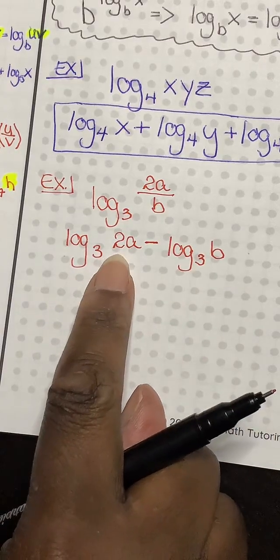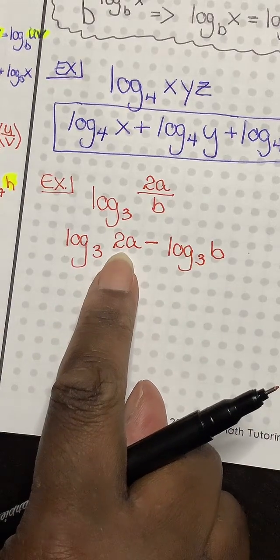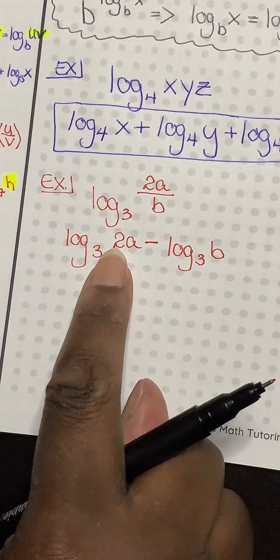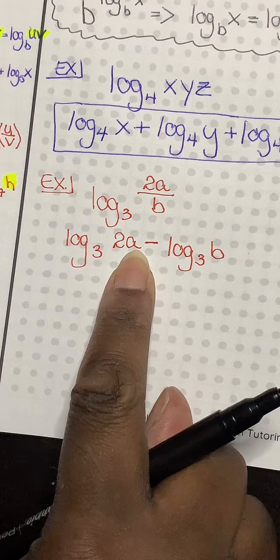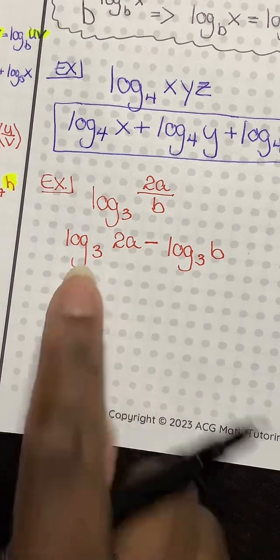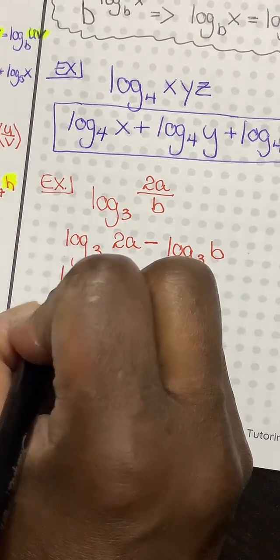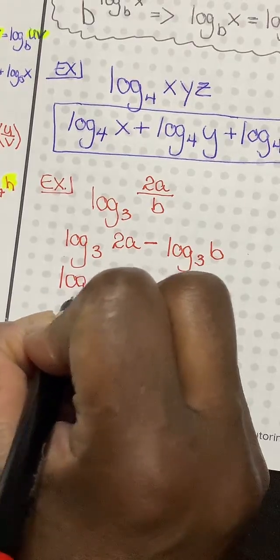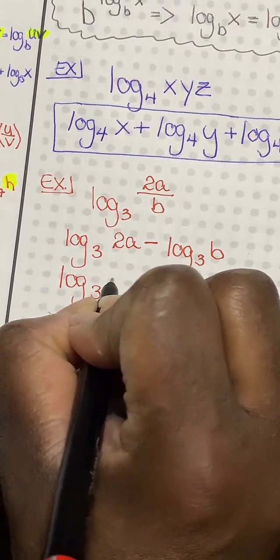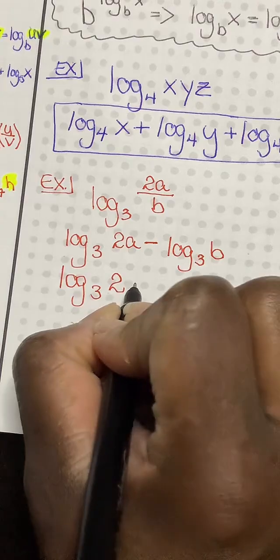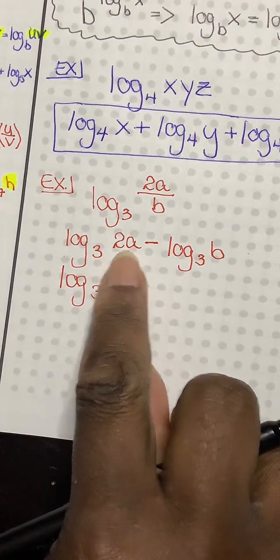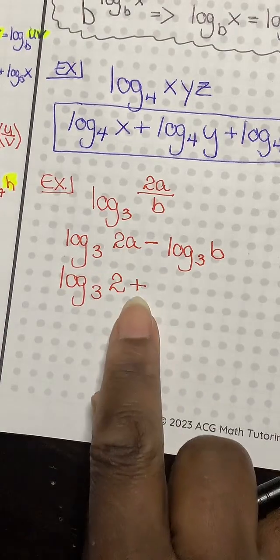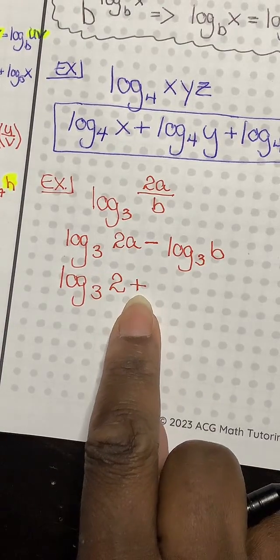But this 2a, that's multiplication. So we want to give the 2 and the a their own log base 3. So we have log base 3 of 2, plus, and the reason why it's plus is because we're multiplying the 2 and the a. So when we expand it, it's going to be addition.